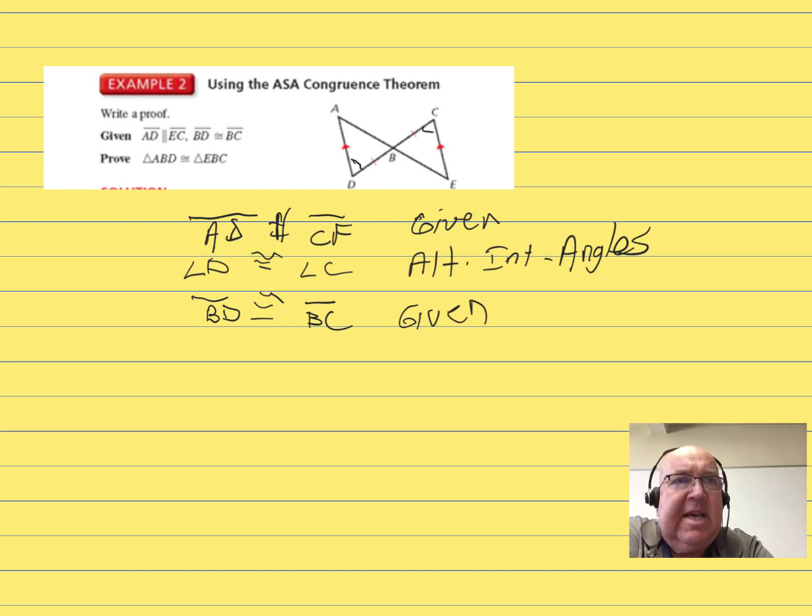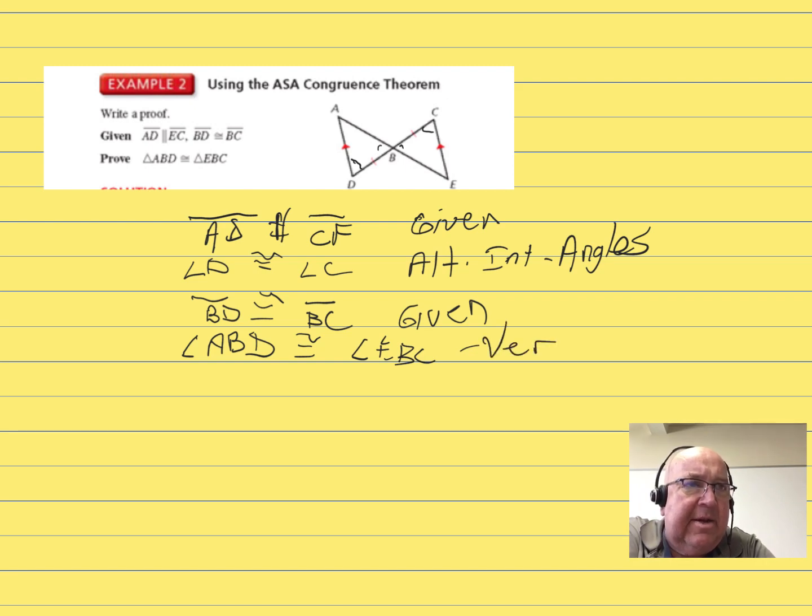So now we can say the angle ABD is congruent to angle EBC, and those are because of vertical angles. So two lines that intersect, the vertical angles are congruent.